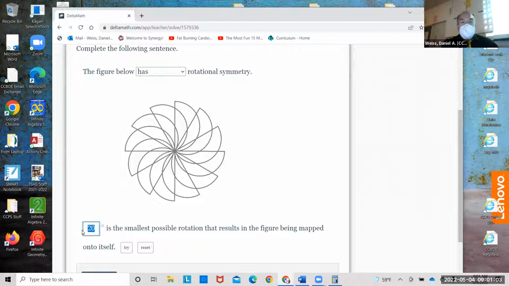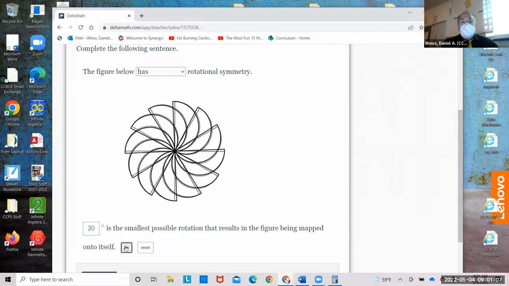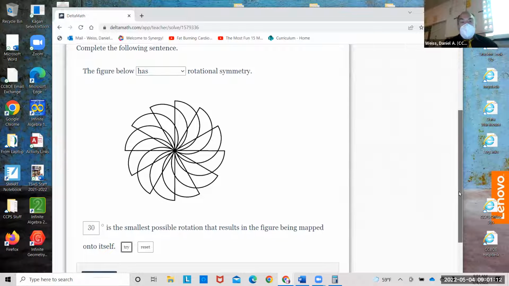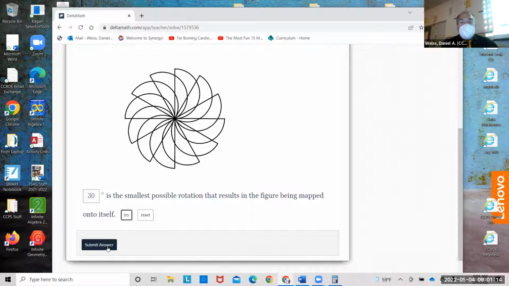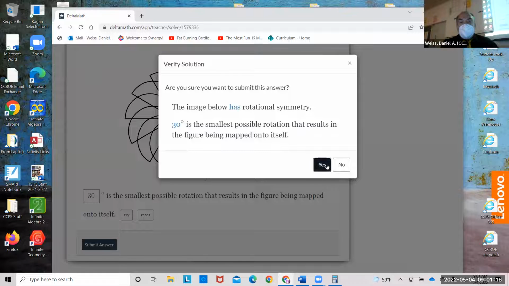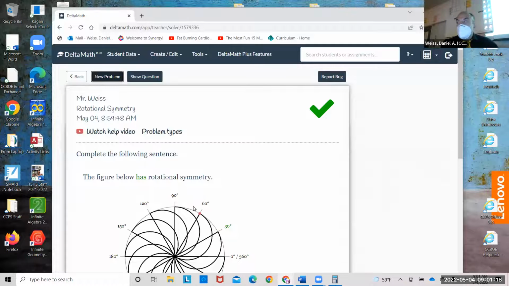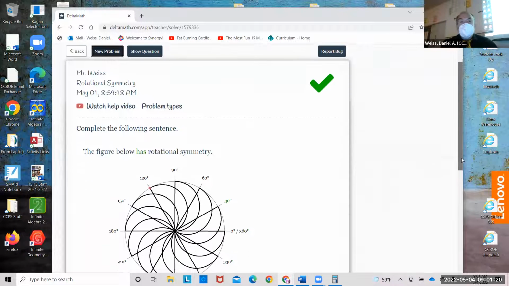Okay. It's got to be 30 degrees. Boom. All you got to do is take 360 and divide by however many things there are.